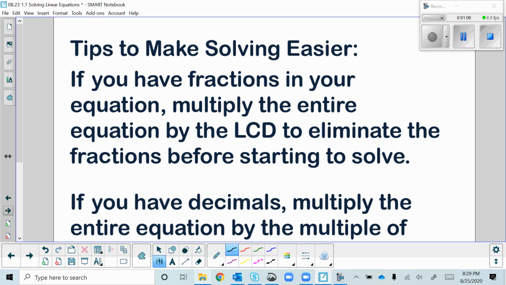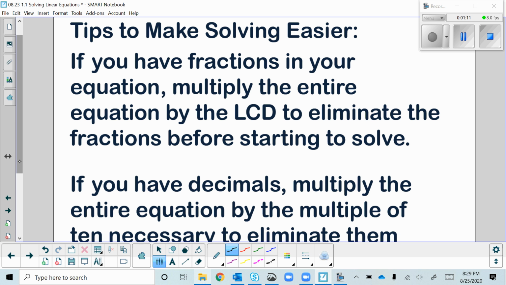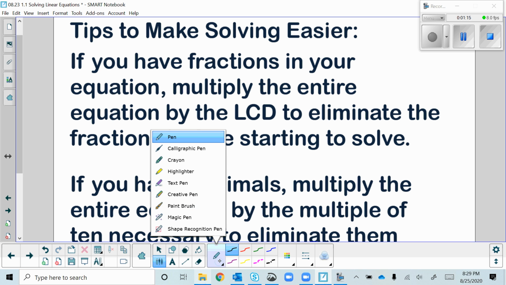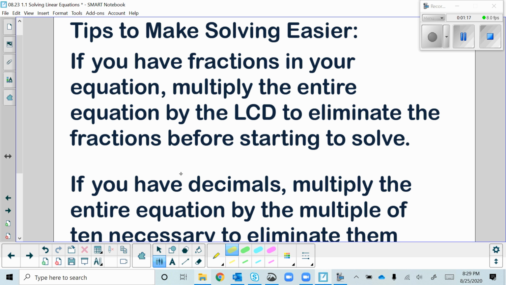And then the next slide, if you have your notes printed, this is the bottom left of your notes. This section is sort of like leveling up a little bit. One level up is if we have fractions in our equation, and the other level up is if there are decimals.